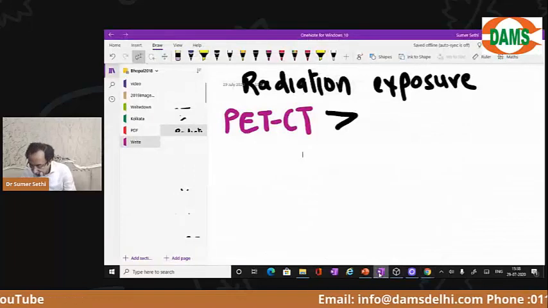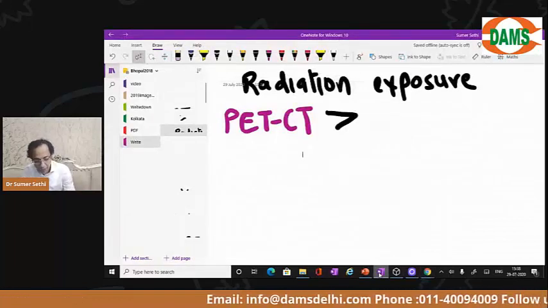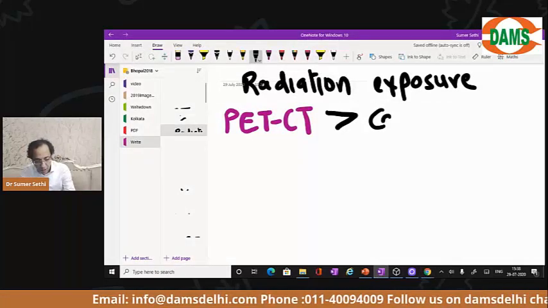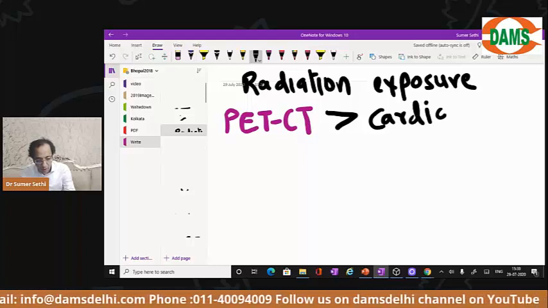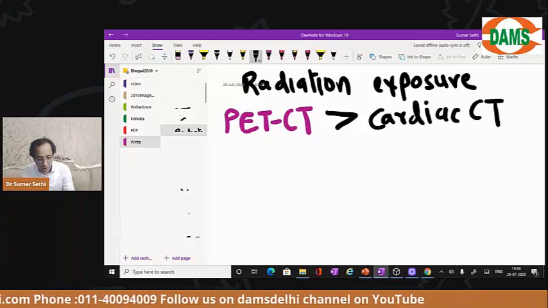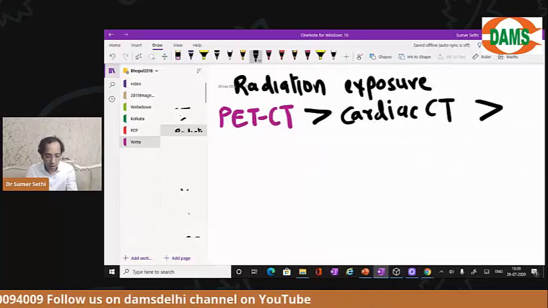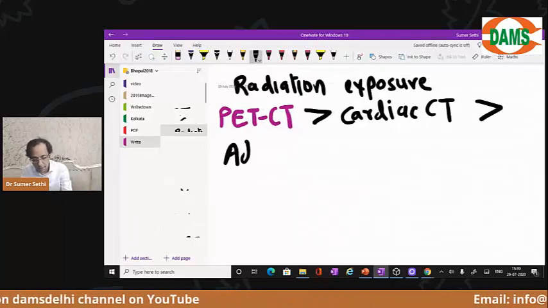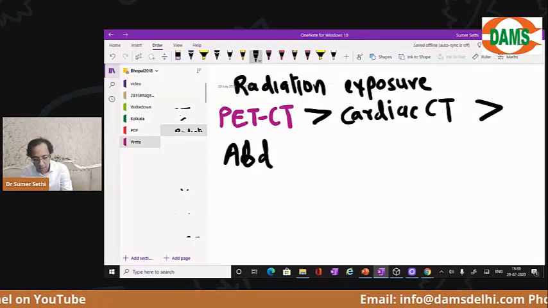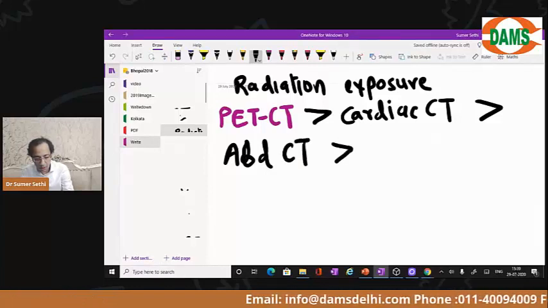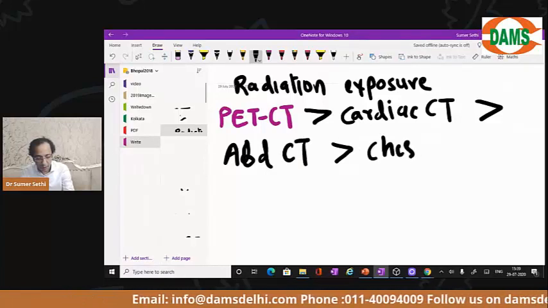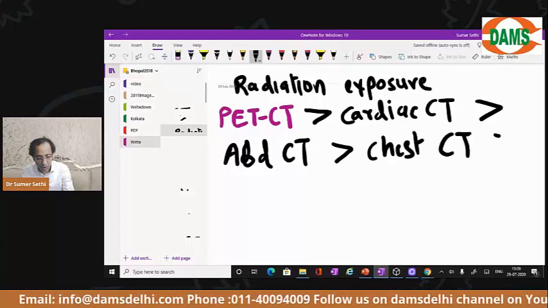So maximum radiation exposure is in PET CT, followed by cardiac CT, followed by abdominal CT, followed by chest CT.